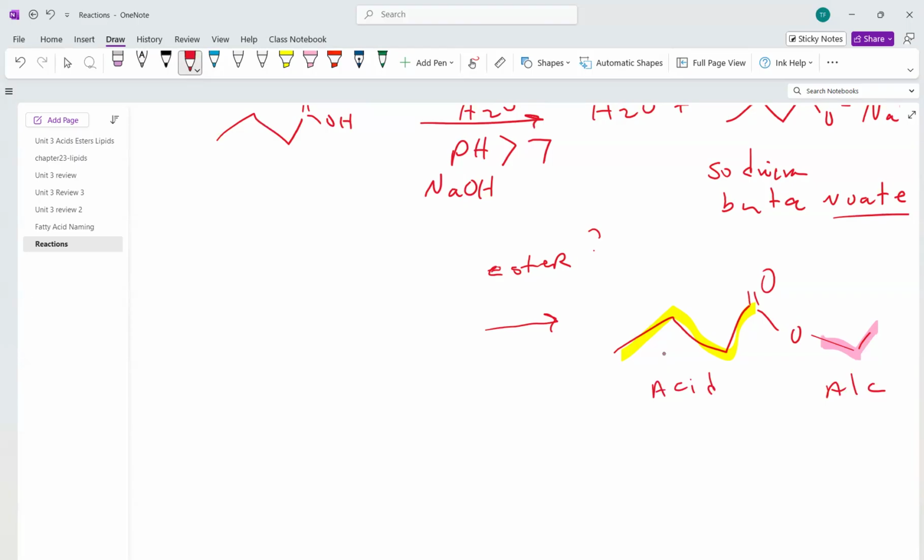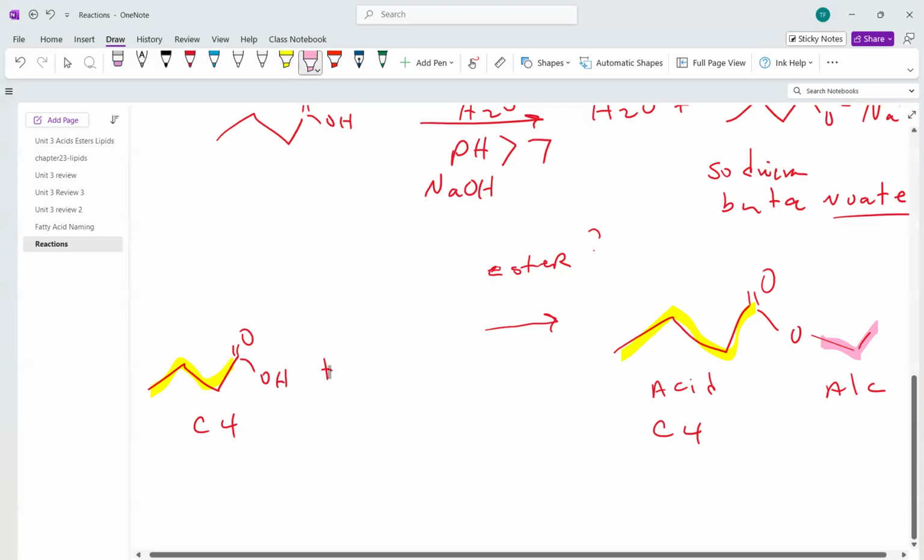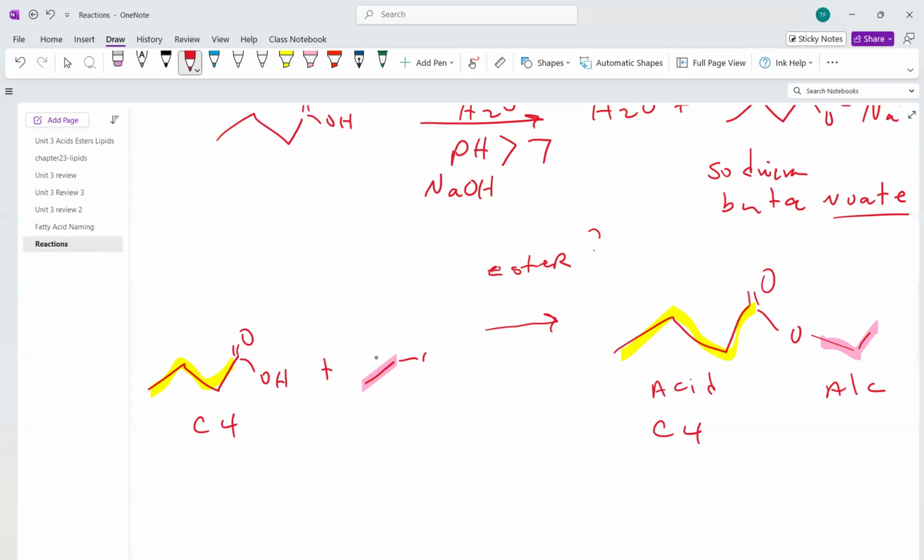A 1, 2, 3, 4, 4-carbon acid, plus a 2-carbon alcohol for the secondary backbone.